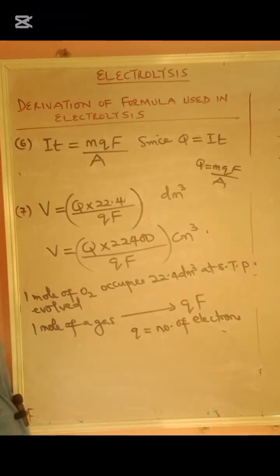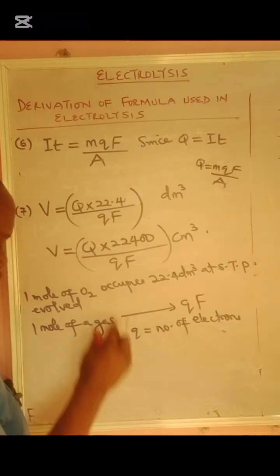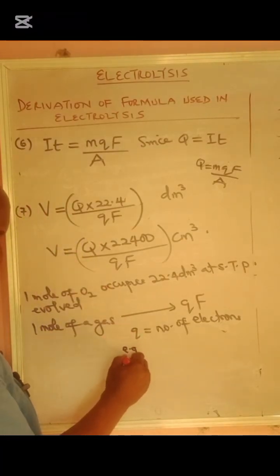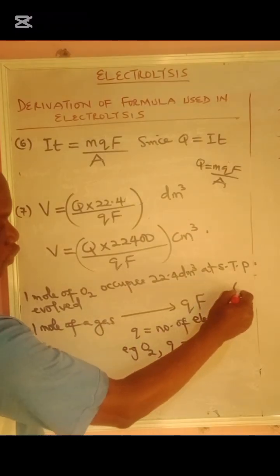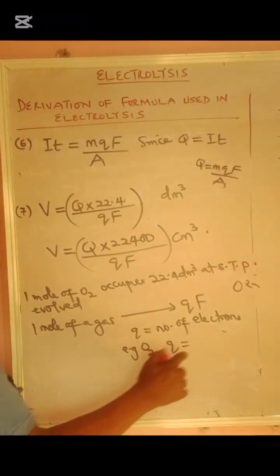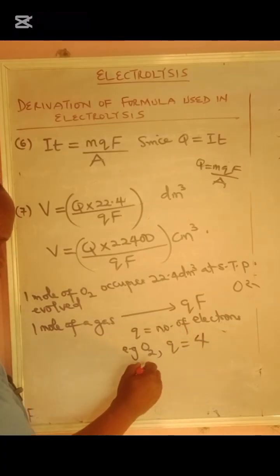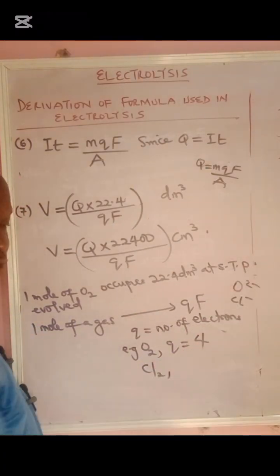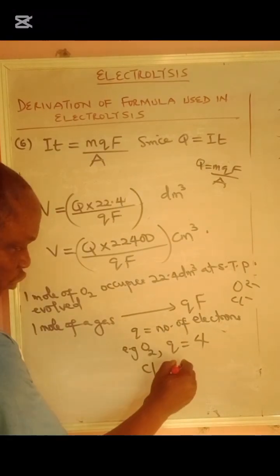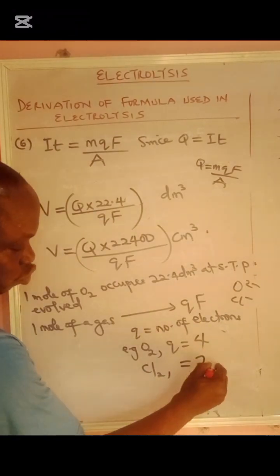Remember, for oxygen, we have done it. E.g., oxygen, our Q will be, the charge of oxygen is 2 minus, times 2, so it will be 4. For chlorine gas, chlorine is minus 1, then you multiply by 2. We have done it. Go and check my video. So it will be 2, and so on and so forth. This is how to calculate Q for gases.